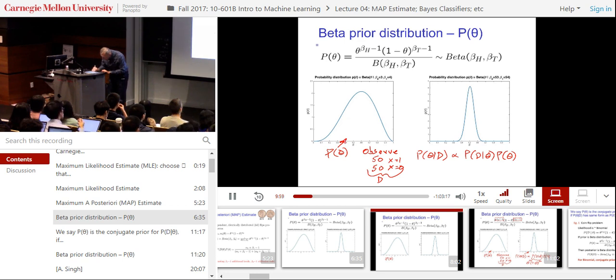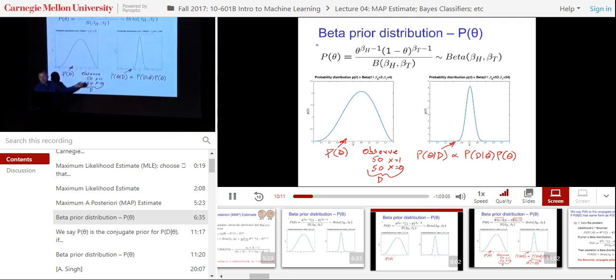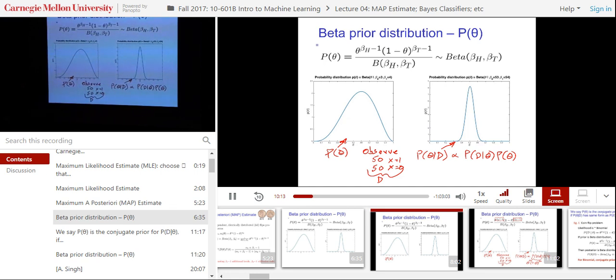This is my distribution for the prior. This is actually my distribution for the posterior probability. We call this posterior in the sense that it's after we have seen the data, as opposed to the prior, which is before we've seen the data.